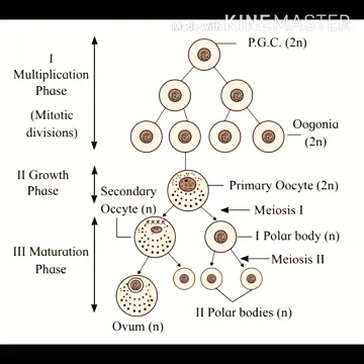It involves the process of mitosis and meiosis, just like spermatogenesis. As in spermatogenesis, we already saw that there are three stages. Here in oogenesis also there are three phases, namely the first one is the multiplication phase, the second is the growth phase, and the third is the maturation phase.